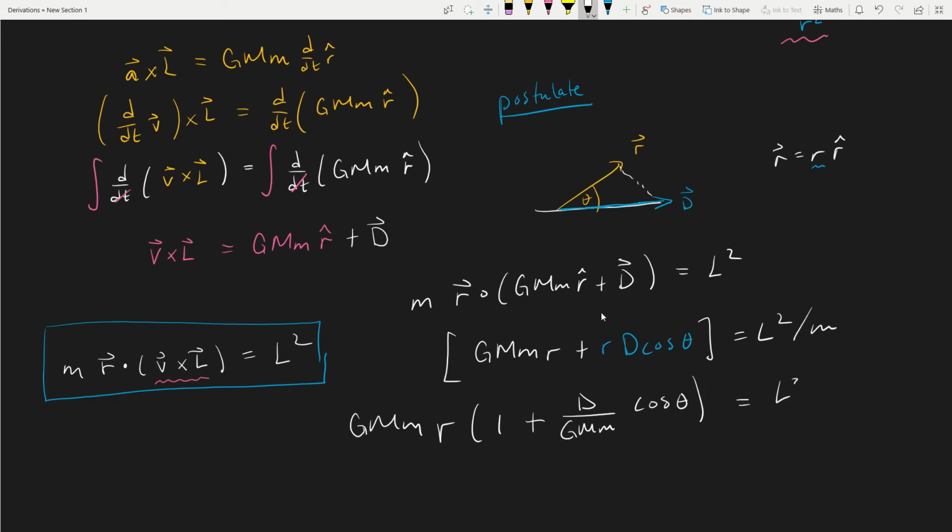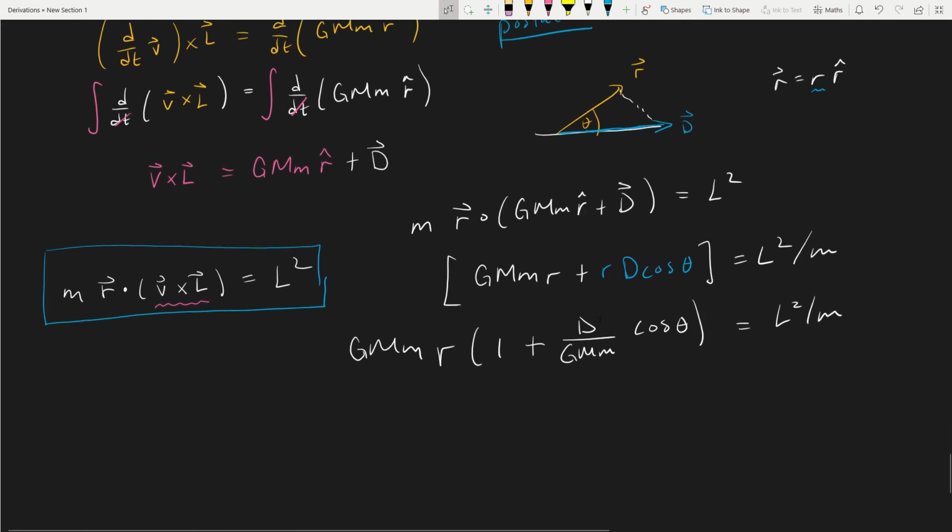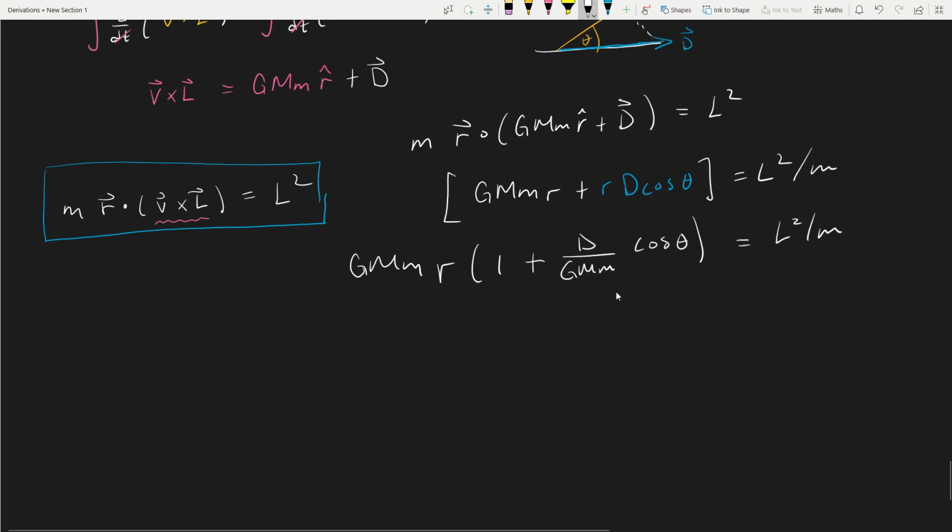Okay, so this is L squared over m. It's just a bit of algebraic manipulation.